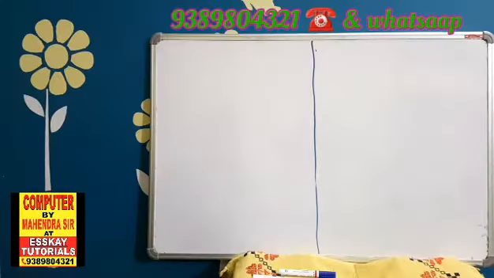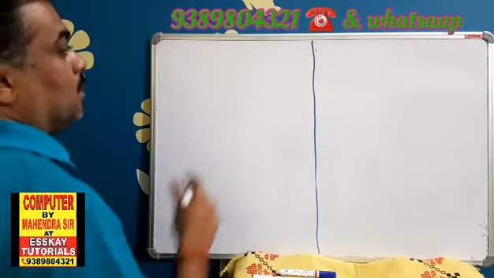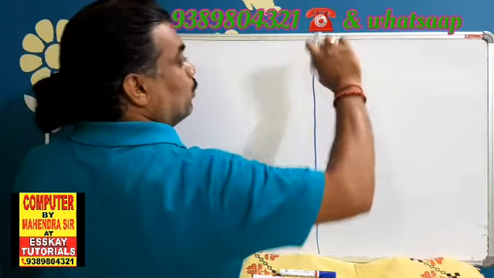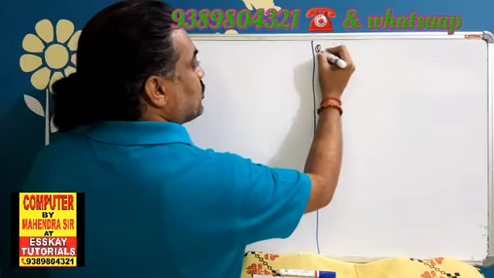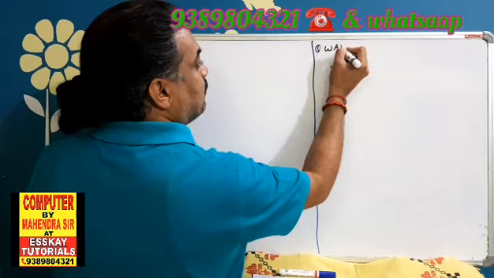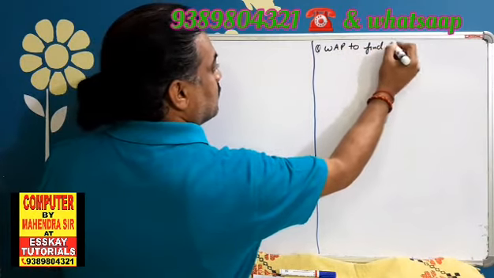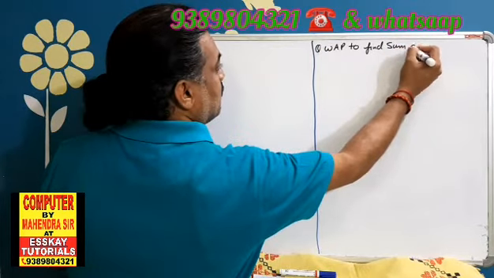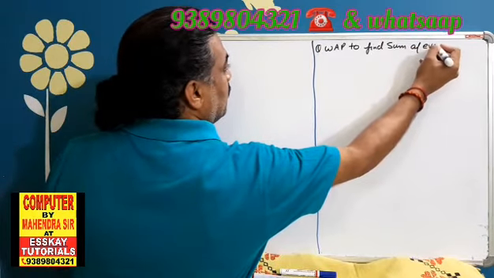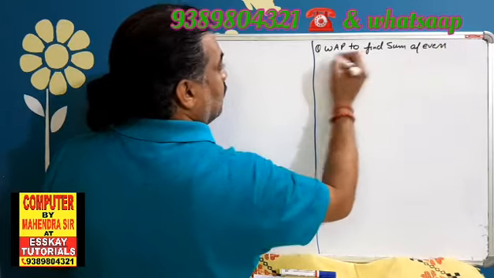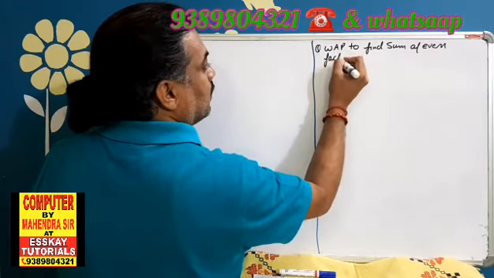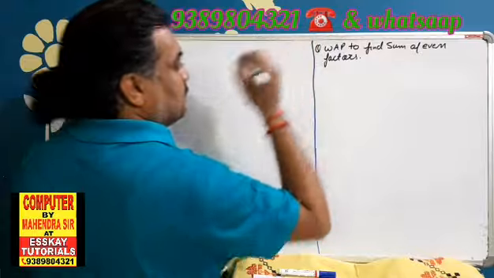We'll discuss the next question in the series of loop programming: WAP to find the sum of even factors.